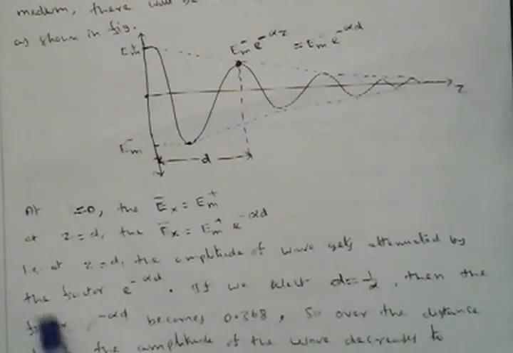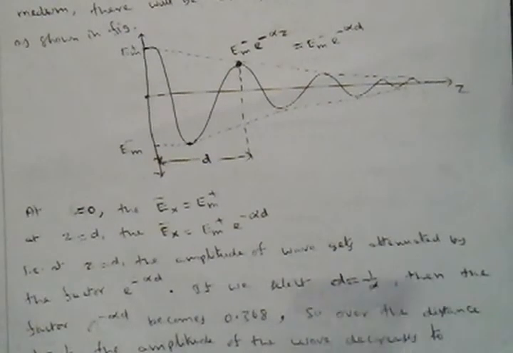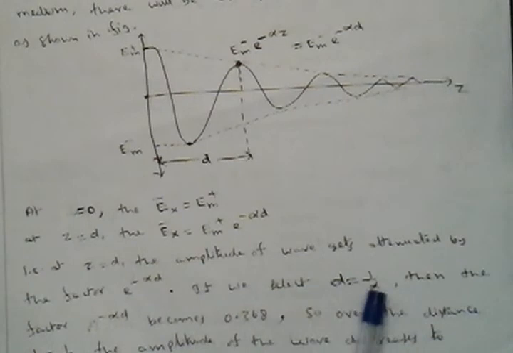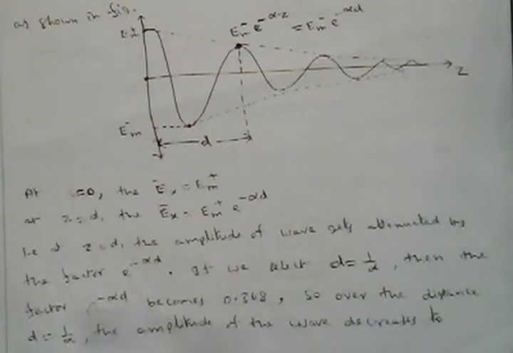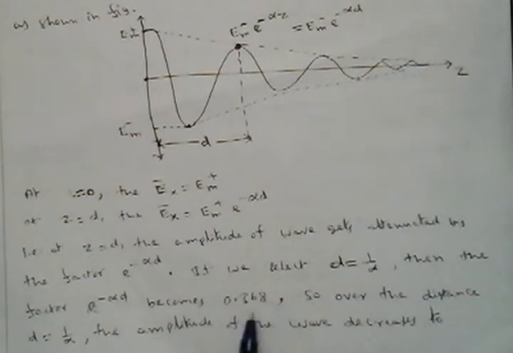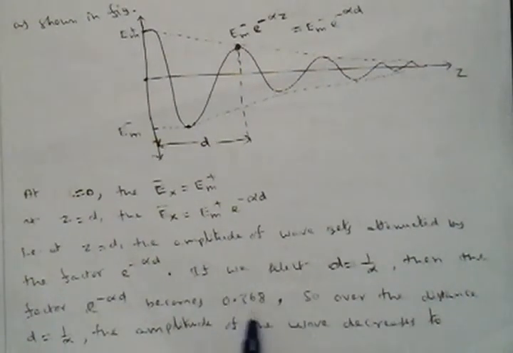At this distance, the amplitude of the waveform is attenuated by the factor e power minus alpha d. If you select d equal to 1 by alpha, then alpha gets cancelled and the factor becomes e power minus 1, which is 0.368, or 36.8 percent.